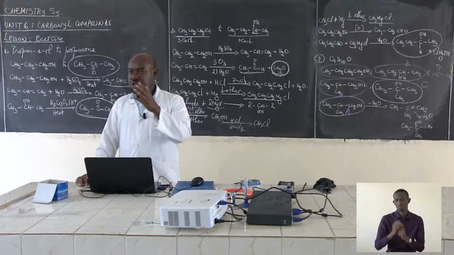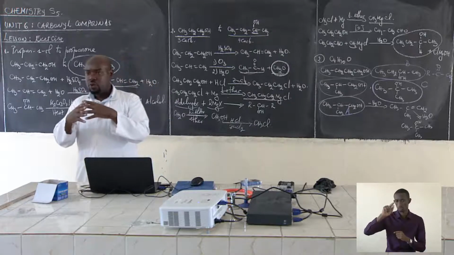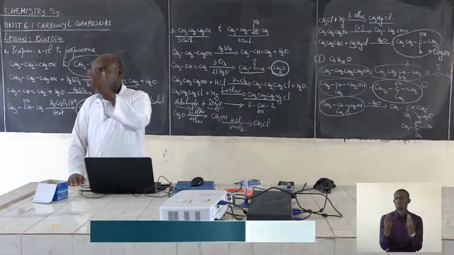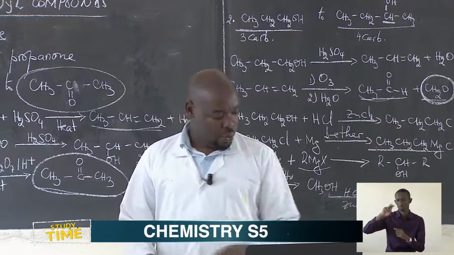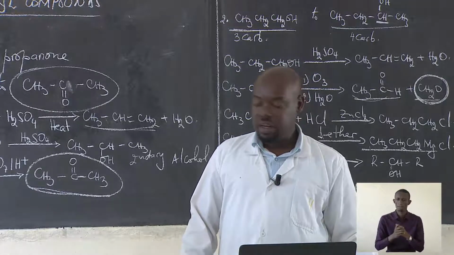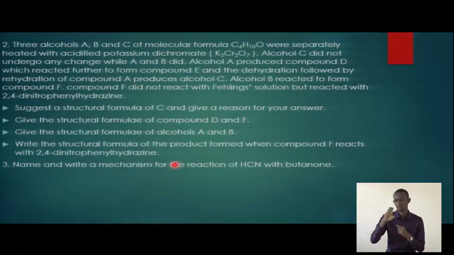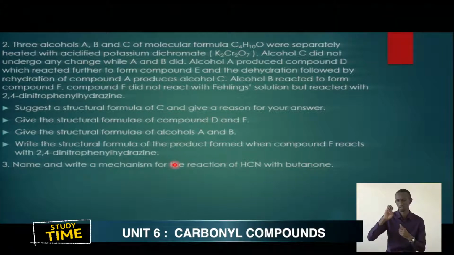We remember Brady's reagent. You can do that. It's very simple. So you will try the remaining question, this one. You write the structure formula, and even the mechanism. You have seen that in the previous lessons. Writing a mechanism is not very difficult.